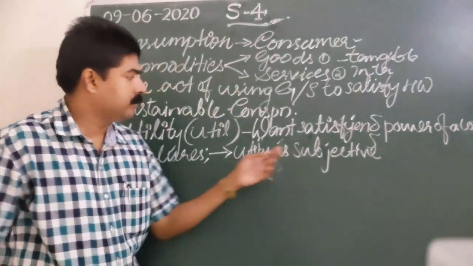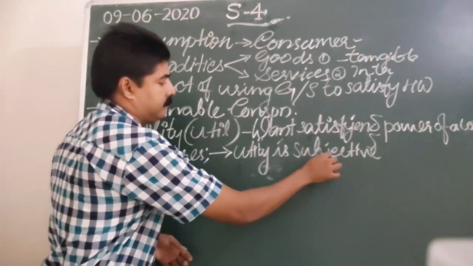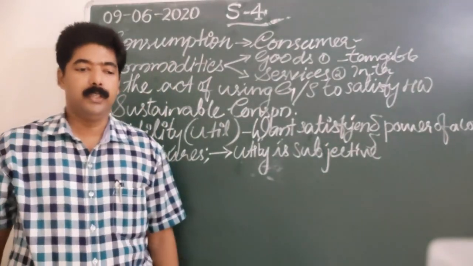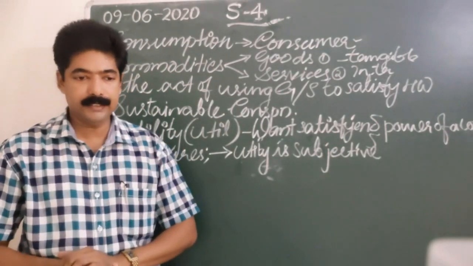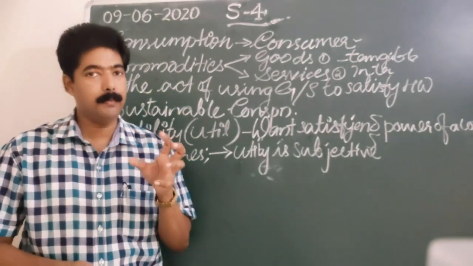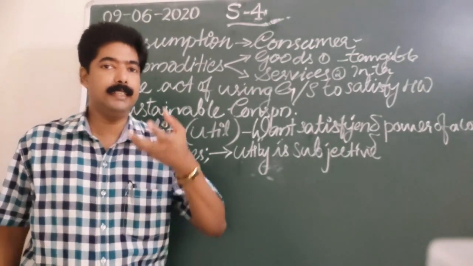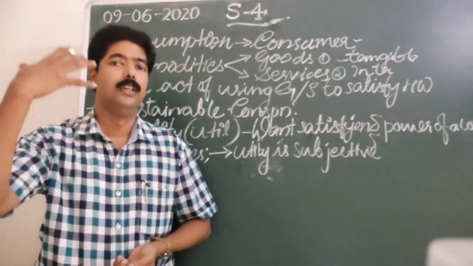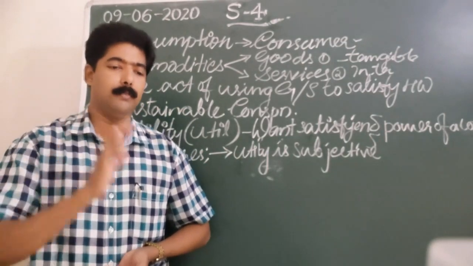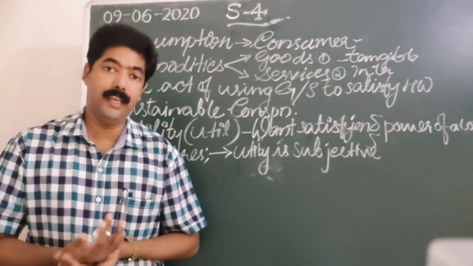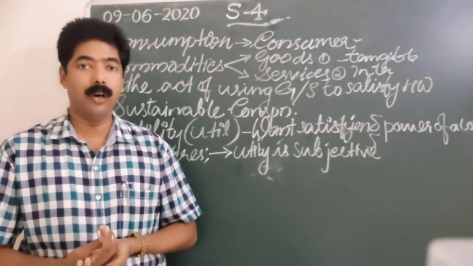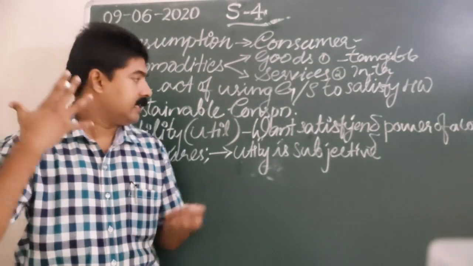What is meant by utility is subjective? That is, it cannot be observed or shown. The utility, the satisfaction that you got after consuming one commodity cannot be estimated. You cannot show the amount. It is subjective in nature.